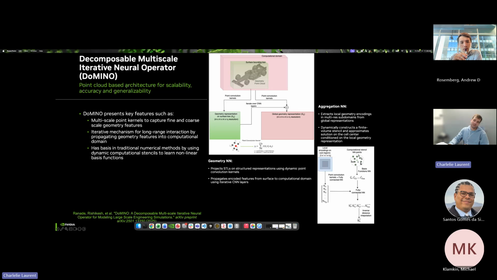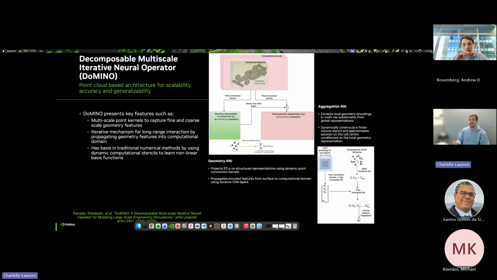So there are at least 4 models that can solve this car aerodynamics problem that we have in PhysicsNeMo. One of them is called DoMINO. I'm not going to give too many details here, but basically it represents the geometry as a point cloud, and it does some kind of learned projection, learning a nonlinear basis function, and then it passes all of this to a neural operator.